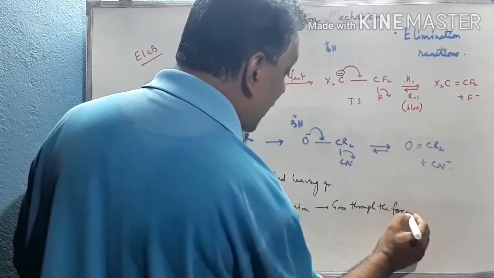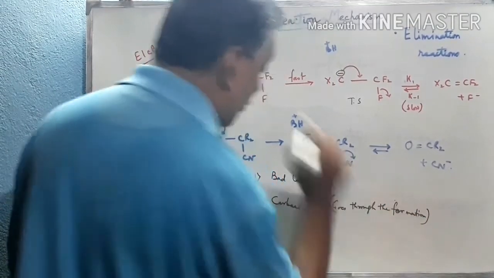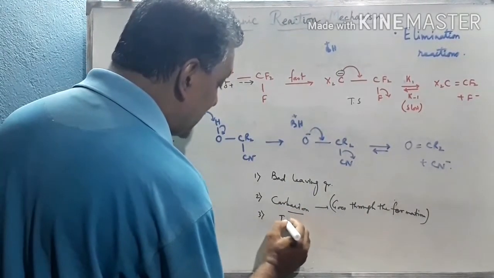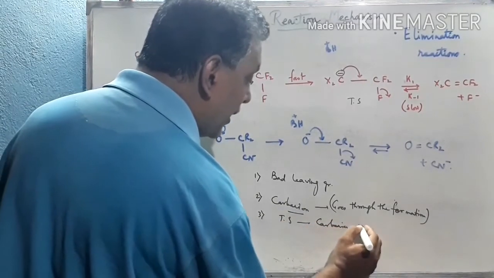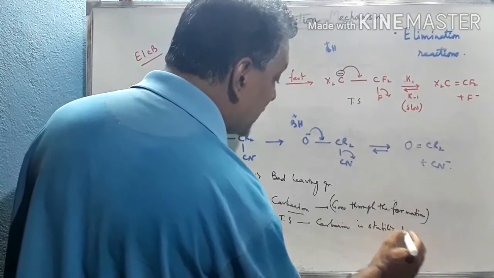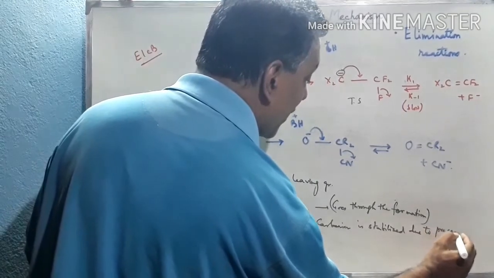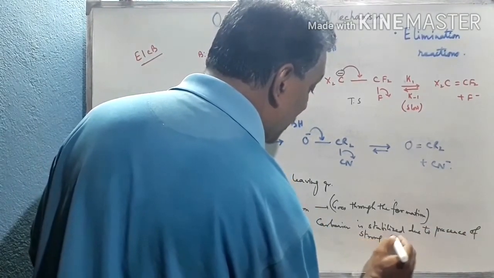Now this carbanion is stabilized due to the presence of a strong electron withdrawing group, so the carbanion is stabilized due to the presence of a strong electron withdrawing group, like this.